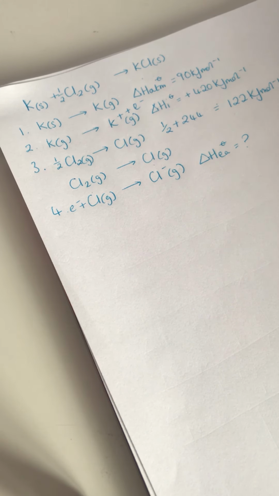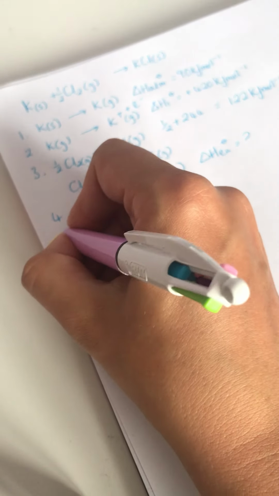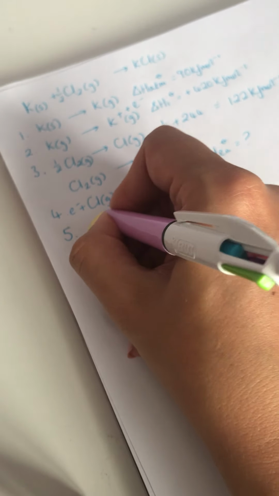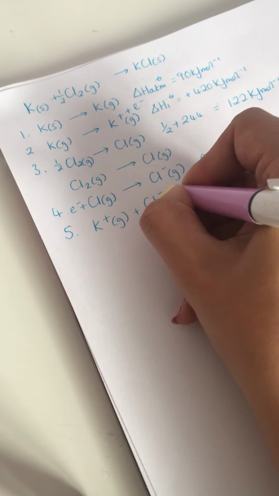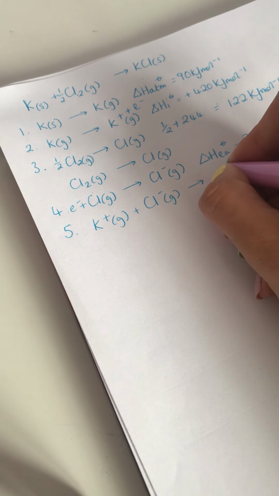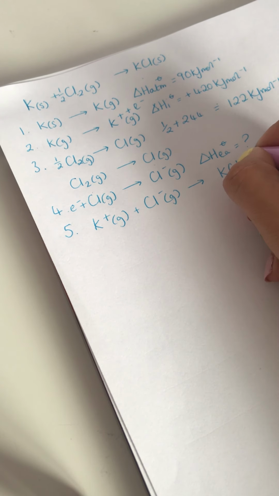Then my final step here is going to be taking my K plus as a gas and my Cl minus as a gas and combining them together to make the KCl as a solid.